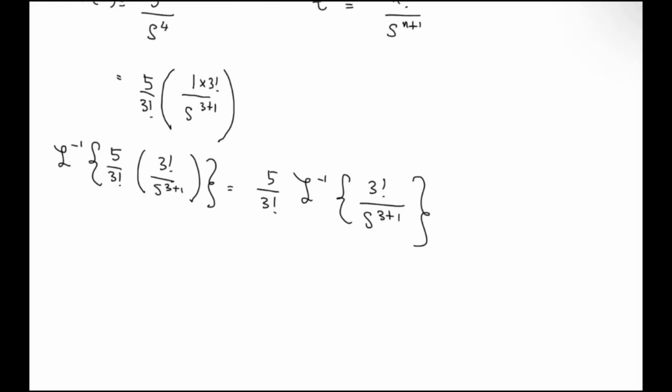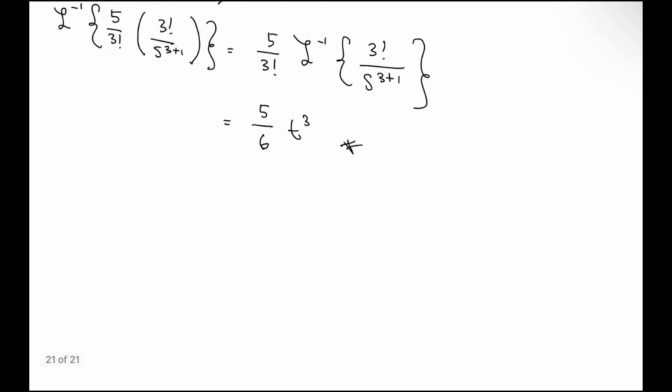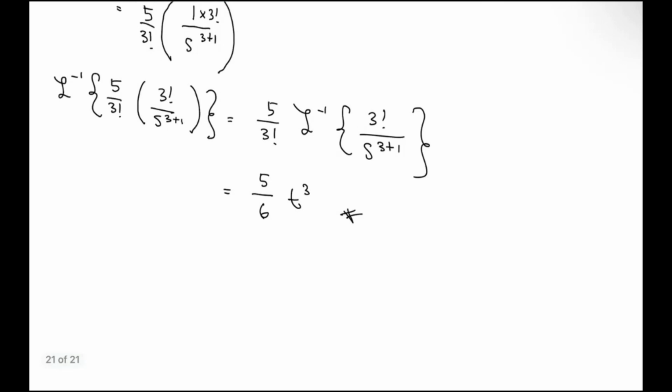So this one is equal to t to the power of 3. 5 over 3 factorial, so this is equal to 5 over 6, times t cubed. Okay, can you get the concept? I hope you can see how I modified this function.